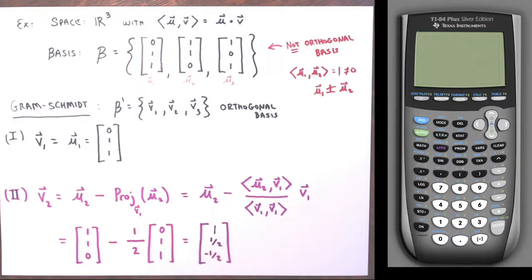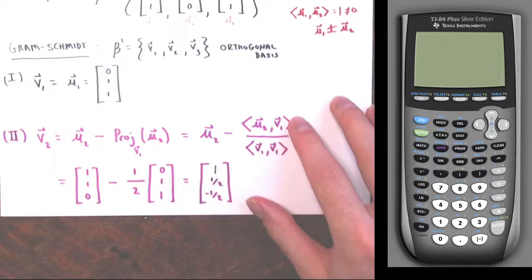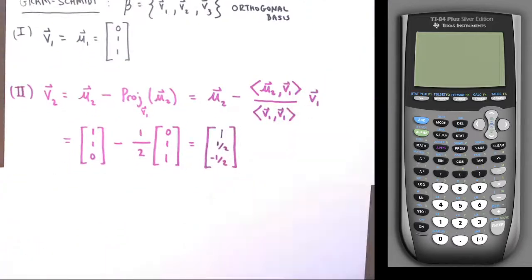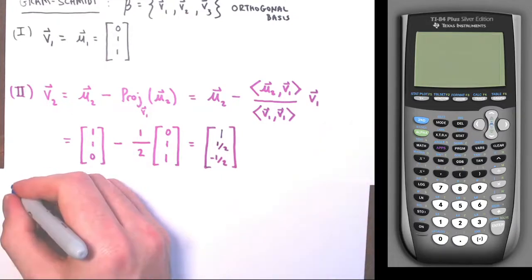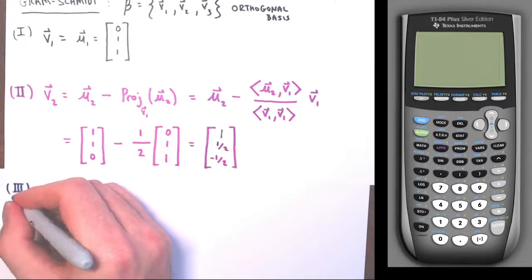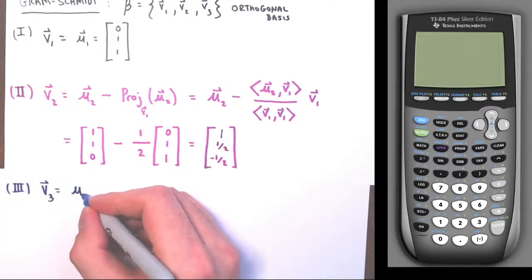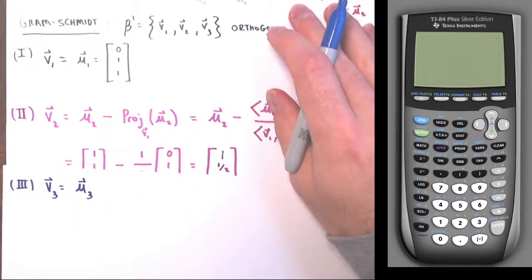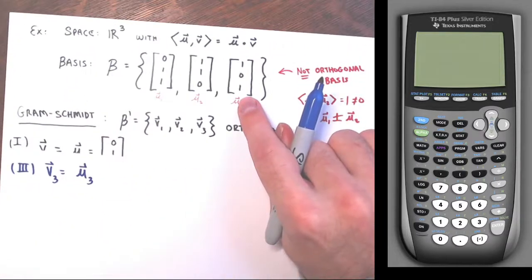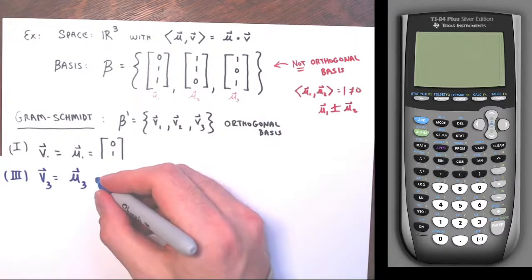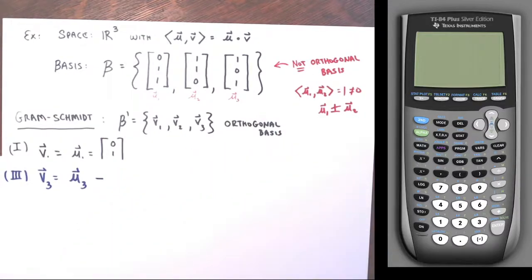All right, then for the third vector, the v3, I'm going to take u3, the third original basis vector, and subtract its projections onto the first two vectors from my new basis, onto v1 and v2.